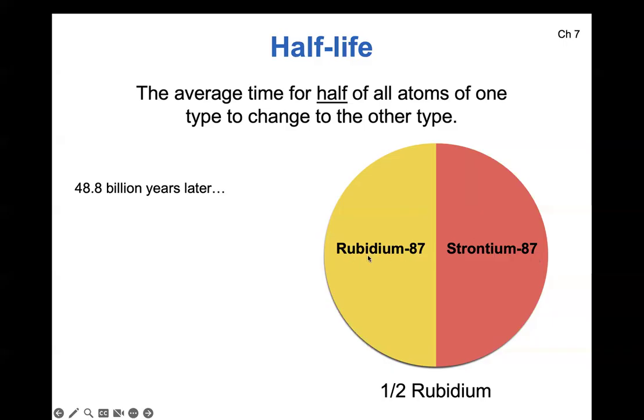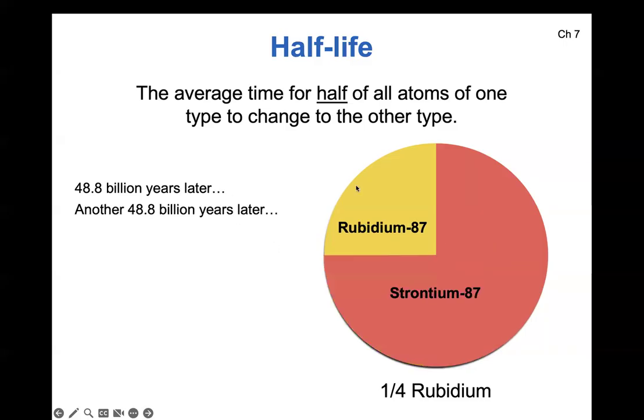Okay, so it's changing from rubidium 87 to strontium 87. And what's interesting is that since both of them are 87, we can actually tell what type of decay this is, because 87 represents the total of nucleons. And if it doesn't change, then we know this has to be beta decay, which is kind of cool. But let's just focus on the number for now rather than the type of decay.